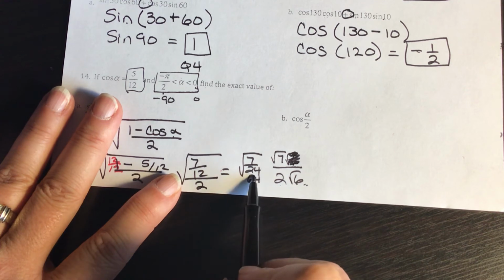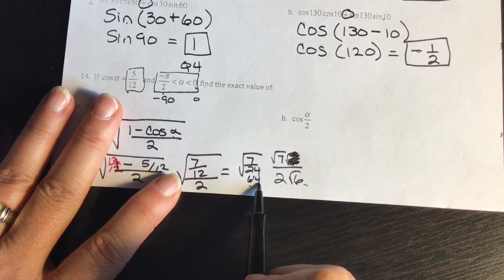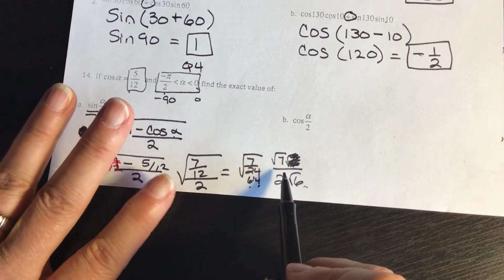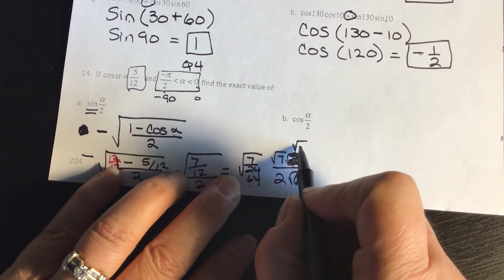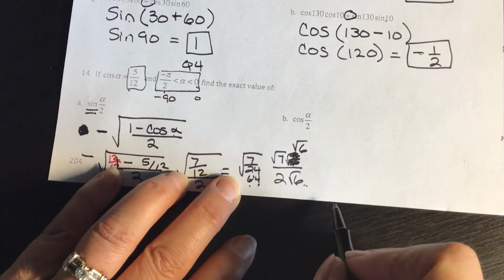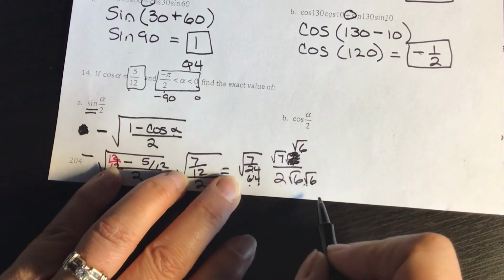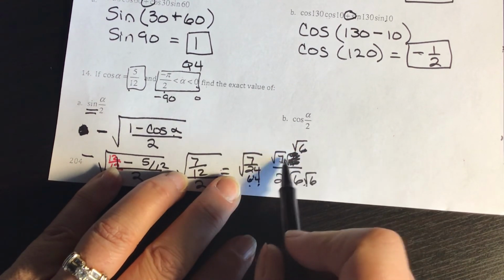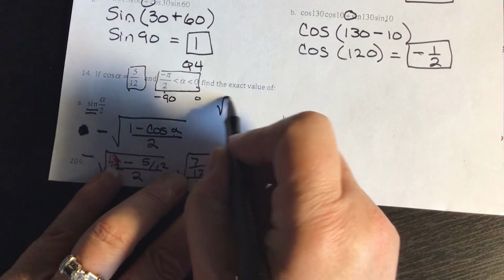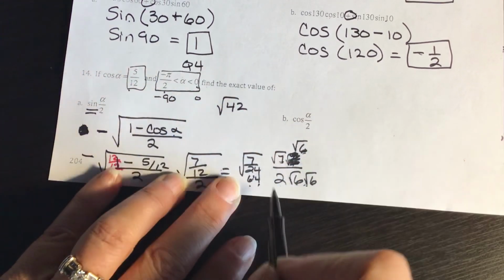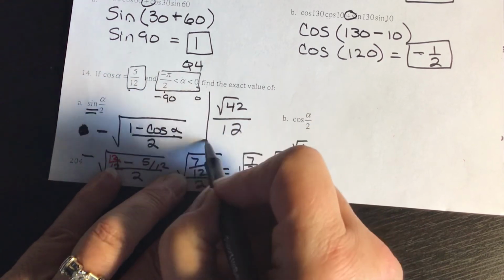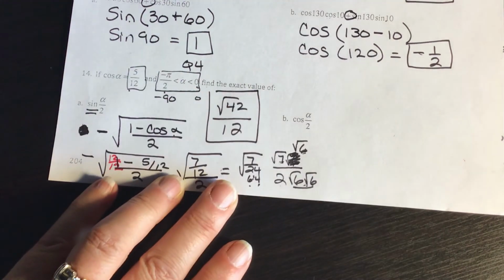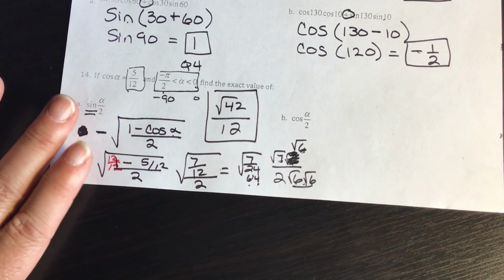This is 24, 6 times 4. Now when I need to rationalize the denominator, I want to multiply it by square root of 6 over square root of 6. So this is the square root of 42 over 2 times 6 is 12. That one was a little messy.